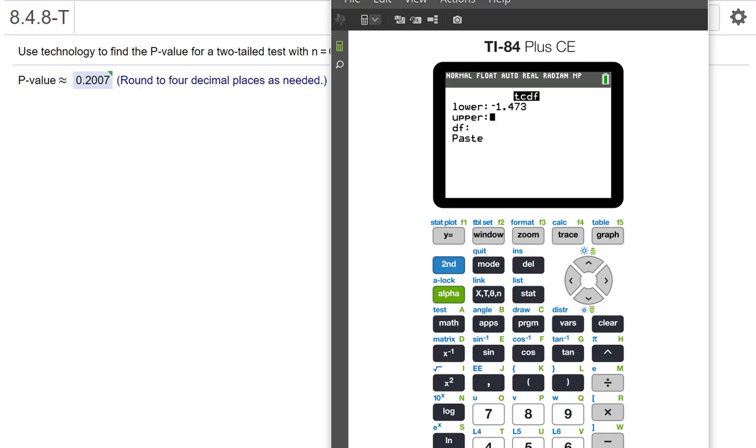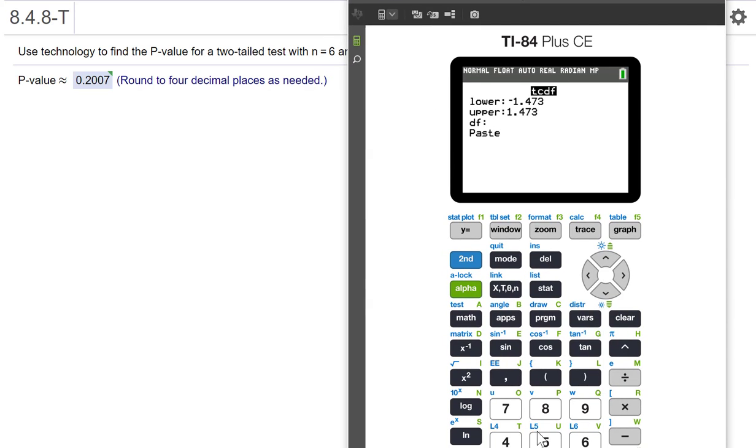Upper bound is a positive 1.473. And my DF was 5 because n is 6, so it's 1 less. And I subtract that from 1. So 1 minus, and I can press second ans. And I get 0.2007. So I hope that helps.